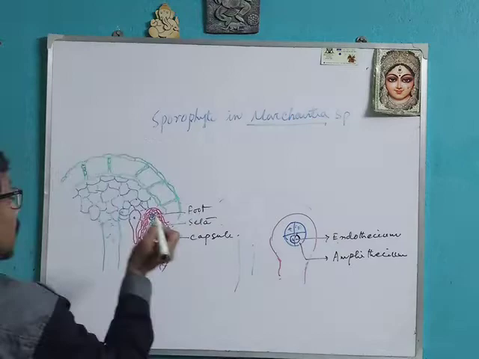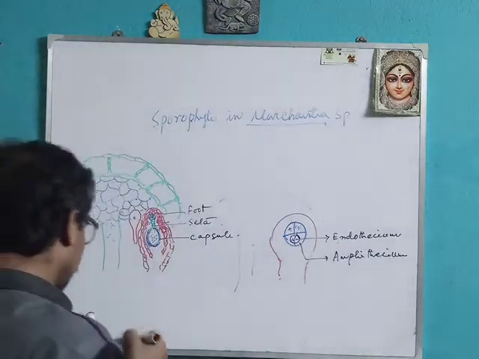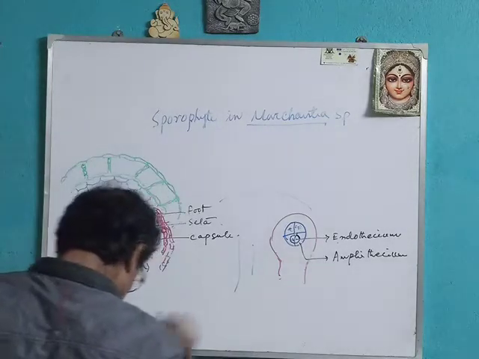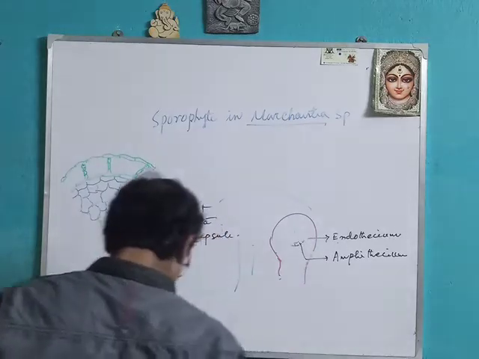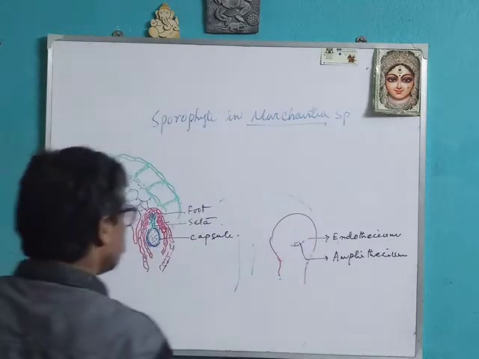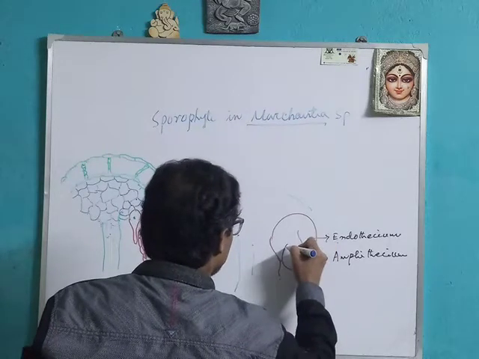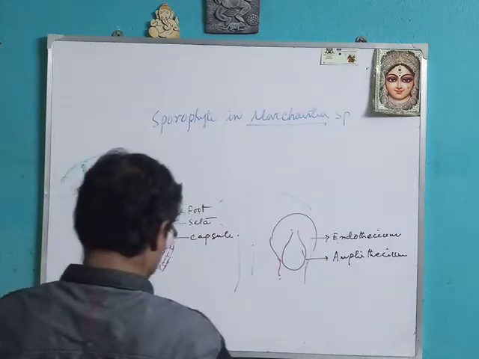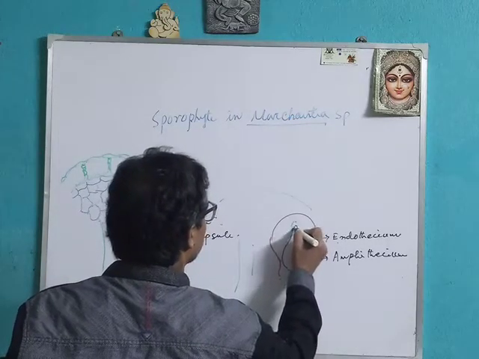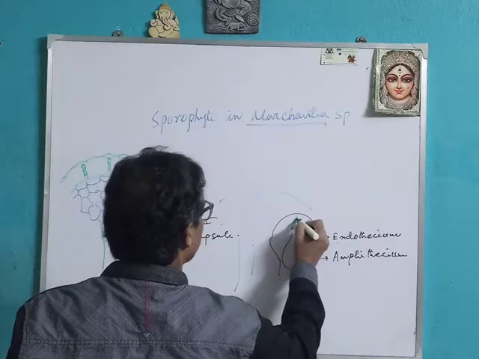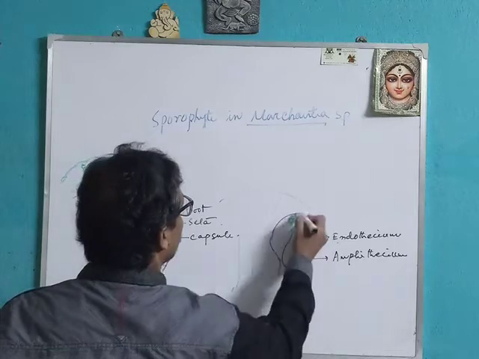Now certain changes of the sporogenous tissue take place. Let's see, suppose over here the capsule is formed, and sir, the foot is there, and the seta and foot are over there.